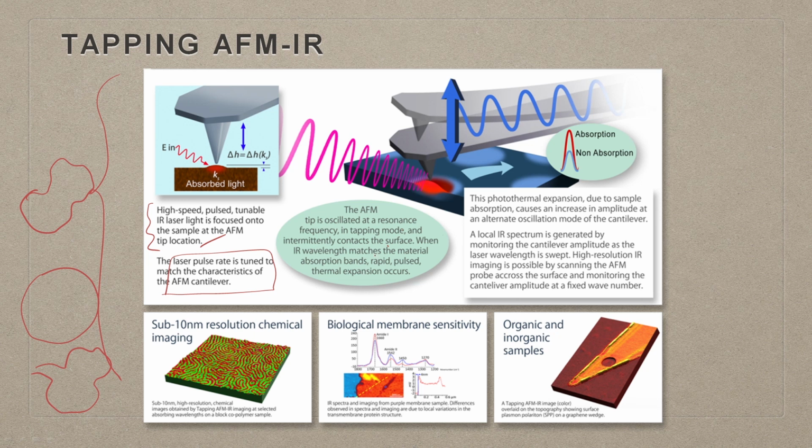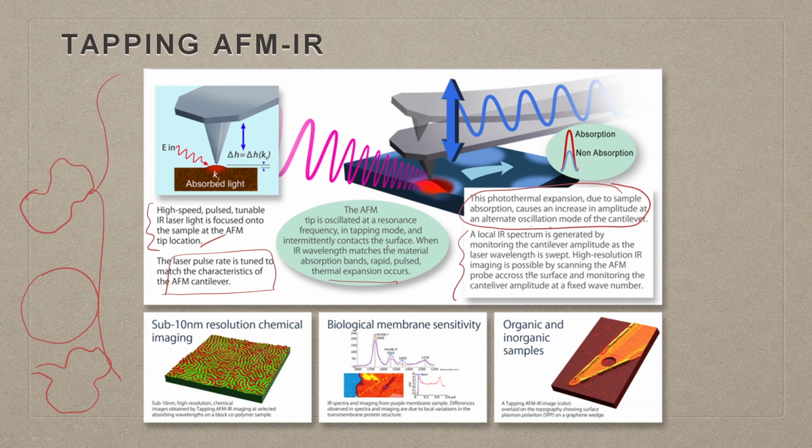When the IR wavelength matches the material absorption bands, rapid pulsed thermal expansion occurs. This photothermal expansion due to sample absorption causes an increase in the amplitude at an alternate oscillation mode of the cantilever. A local IR spectrum is generated by monitoring the cantilever amplitude as the laser wavelength is swept.